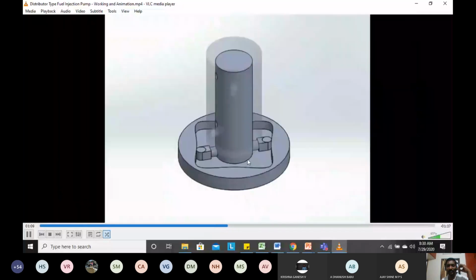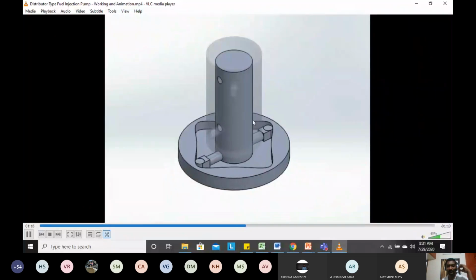Because of the rotation of this plunger inside the cam ring, as it rotates, when the hole aligns, the fuel enters, and when the hole aligns here, the fuel comes out.